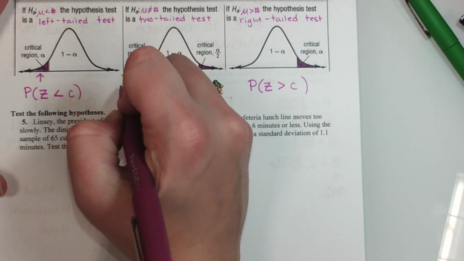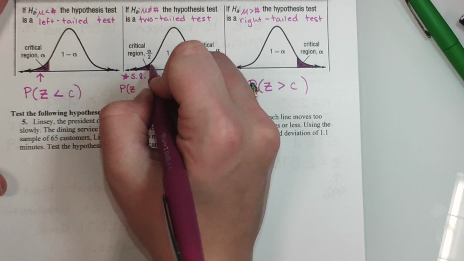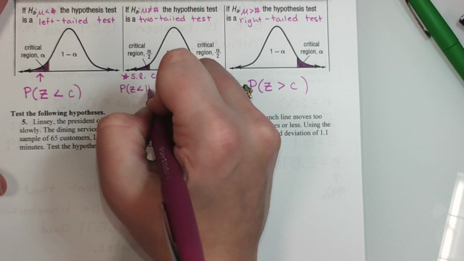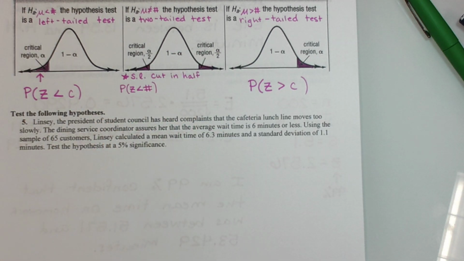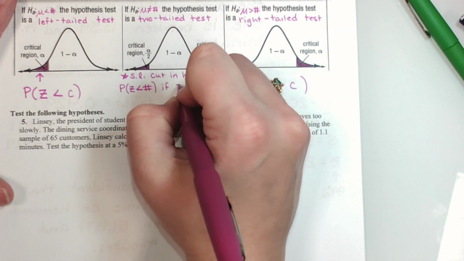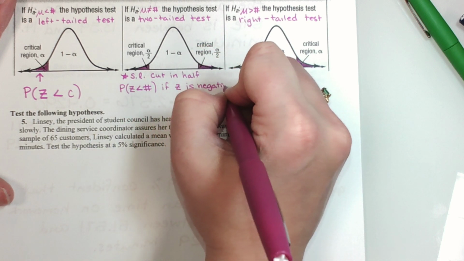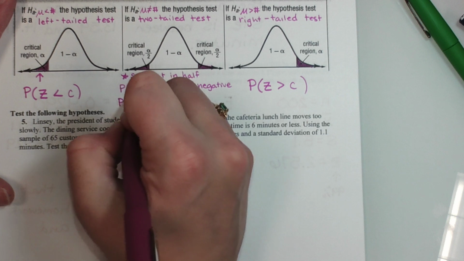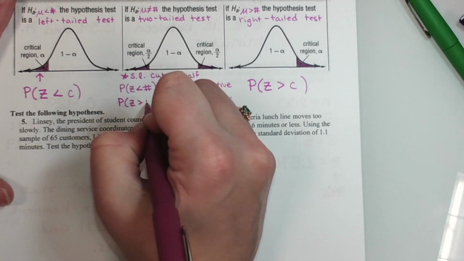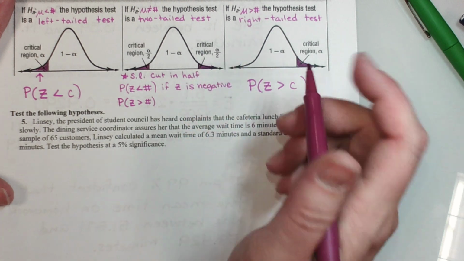For this lower region, where you're looking at the probability being less than something, you do that in situations where z is negative. If the z value you calculate is positive, then you're looking to see if it's in this upper region.